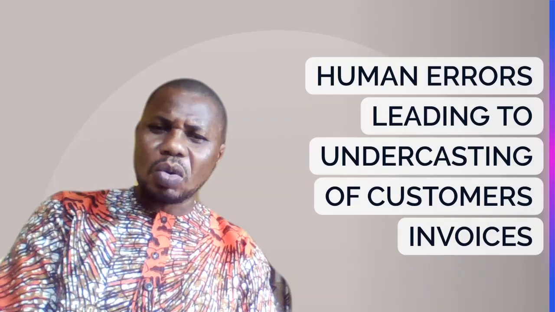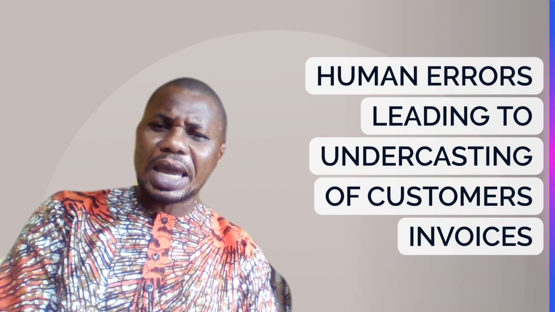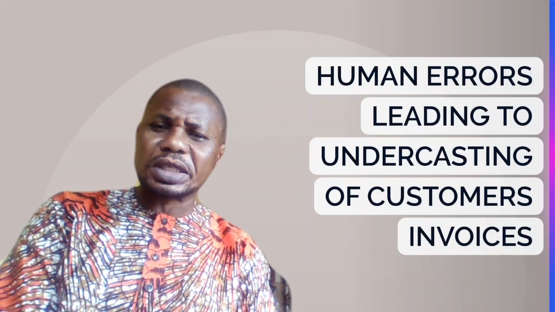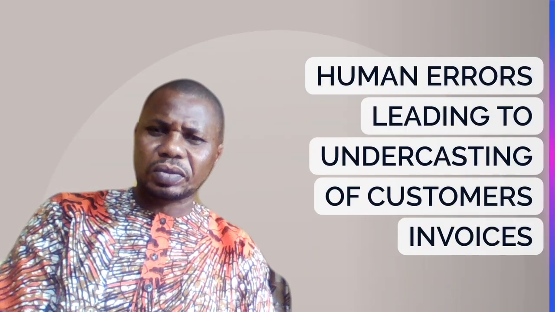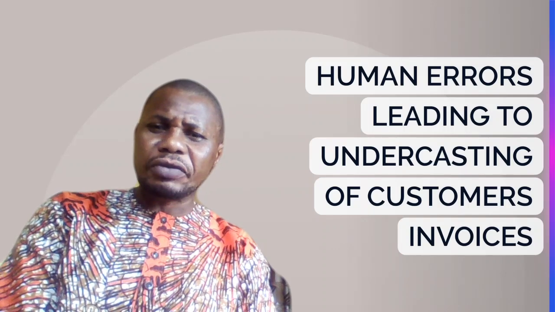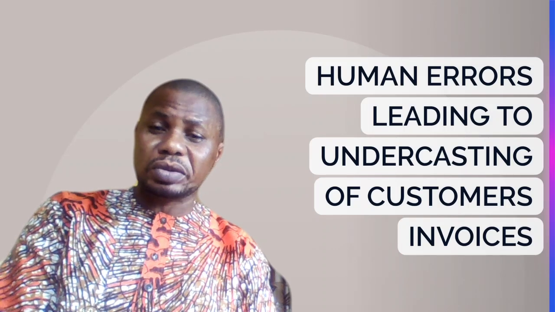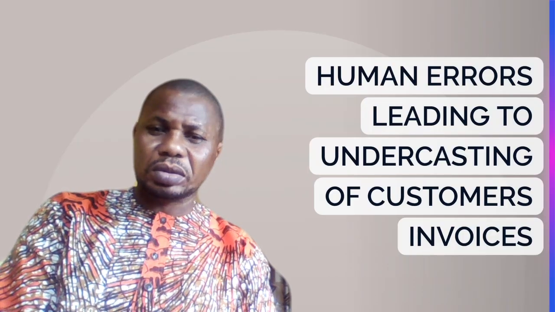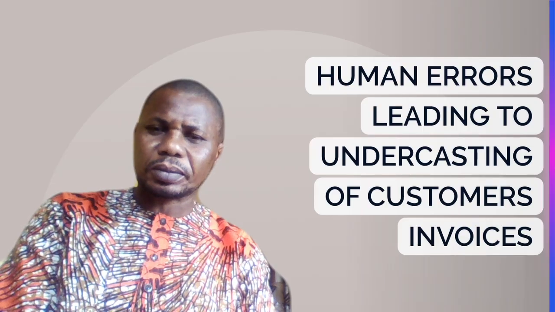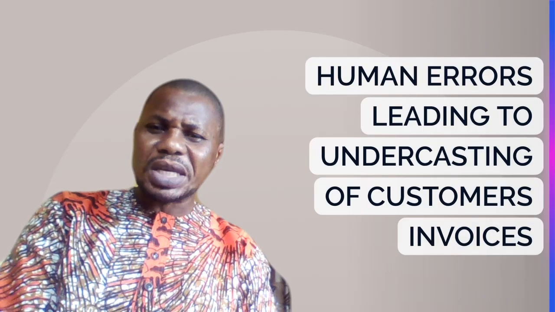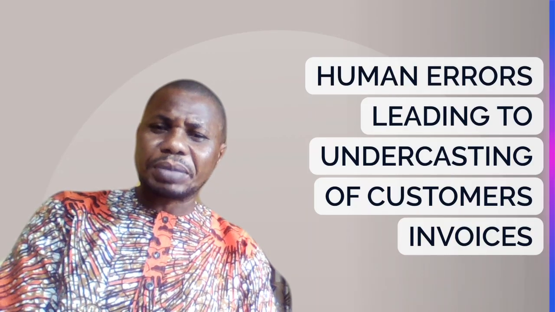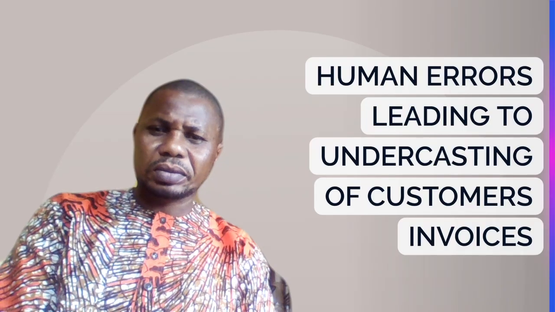Now, in doing so, the possibilities are there that they will get the figure wrong, and in most cases, it's an undercast situation. For example, an invoice that is supposed to be 5 million is calculated to be 4.5 million. This is an example. What this means is that the invoice is undercharged by the sum of 500,000.